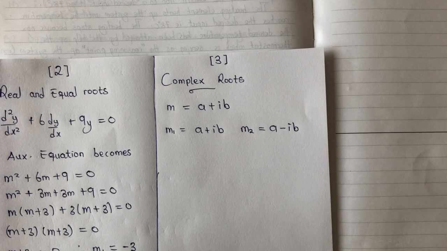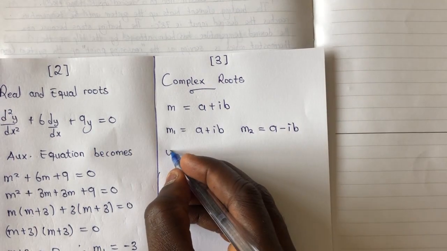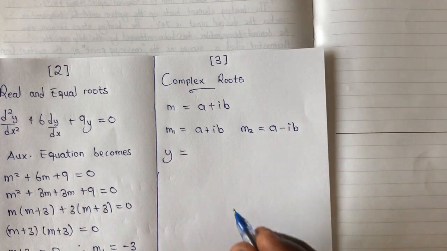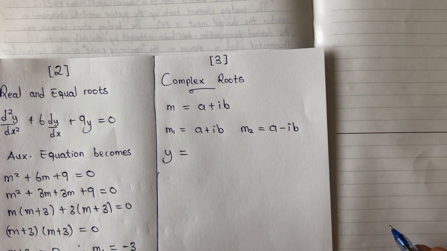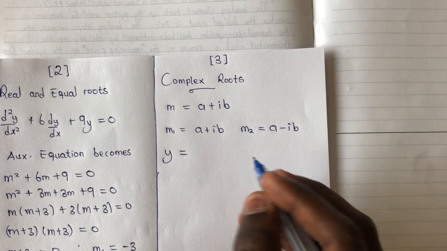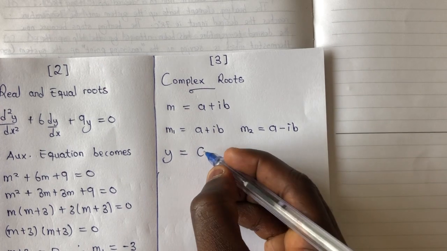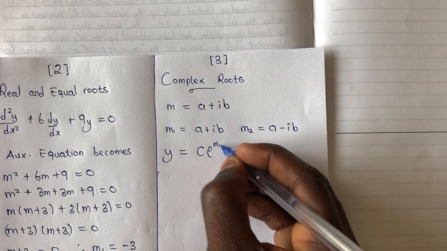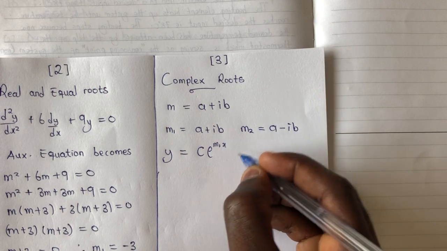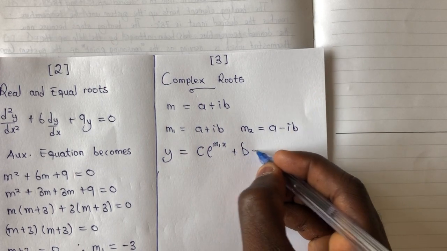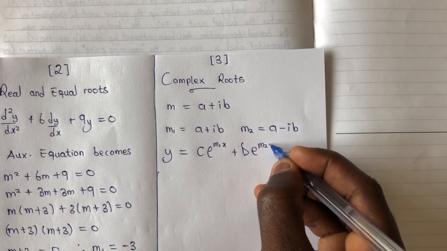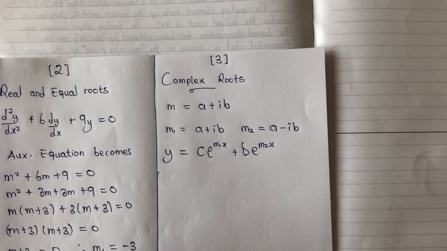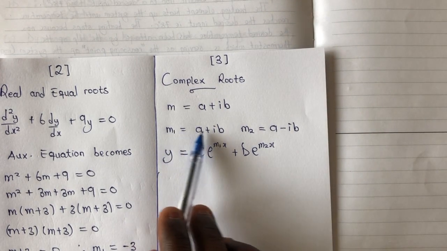Now, your general solution will be in the form y equals, let me use c and d as the arbitrary constants. I will explain why. So it will be in the form c e to the m1 x plus d e to the m2 x. Now watch carefully. What is m1? m1 is this.